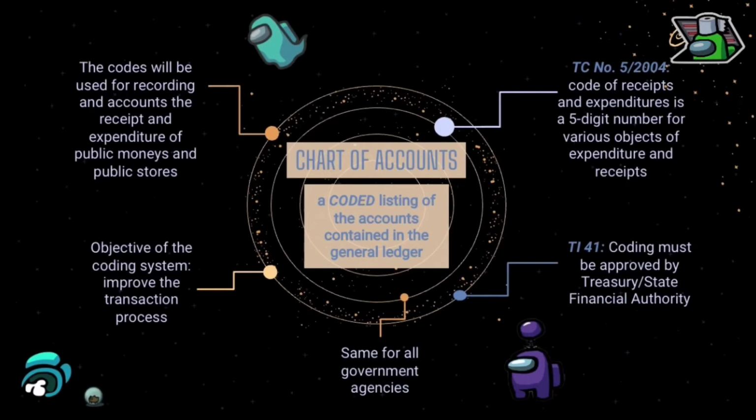Those codes are divided into 4 levels, which I will explain on the next slide. All of the code of expenditure should be created upon the permission given by the Treasury or State Financial Authority as stated by Treasury Instruction 41. Thus, all government agencies will be using the same codes to record the expenditure and receipt of public monies and public stores.